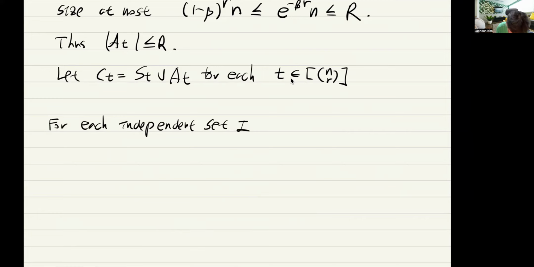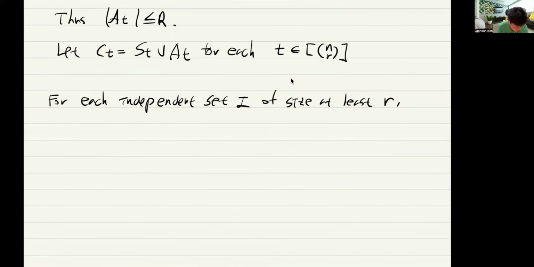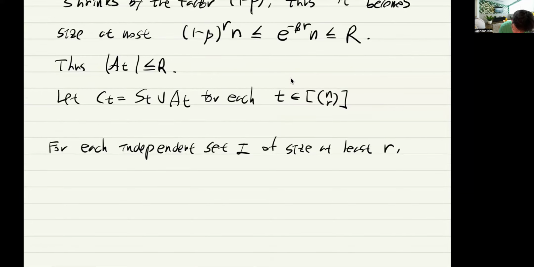So we consider the independent set of size at least R. Then we first claim that there is a T such that this belongs to here, and then this contains here.